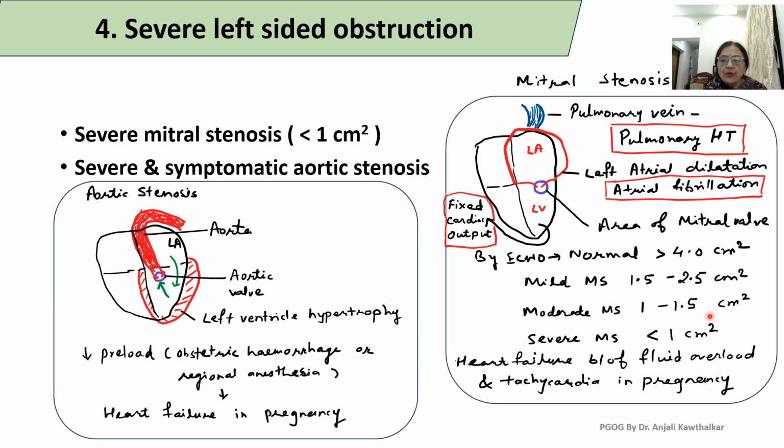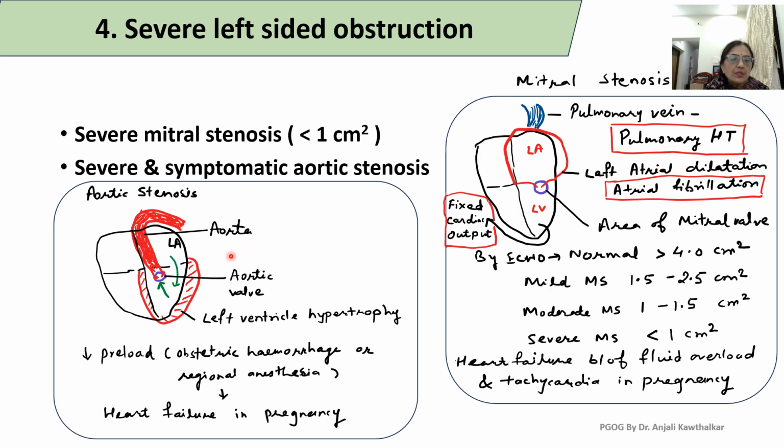Moderate is 1 to 1.5 square centimeters, and severe is whenever it is less than 1 square centimeter, which is associated with very high maternal morbidity and mortality, and is considered a contraindication for pregnancy. Heart failure will occur whenever there is increasing preload or tachycardia during pregnancy.